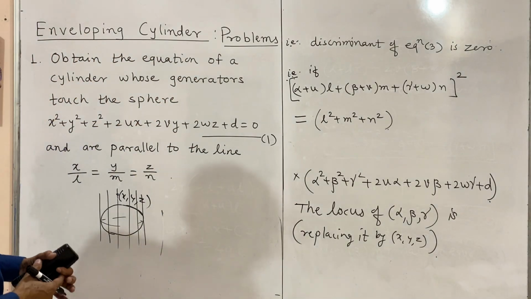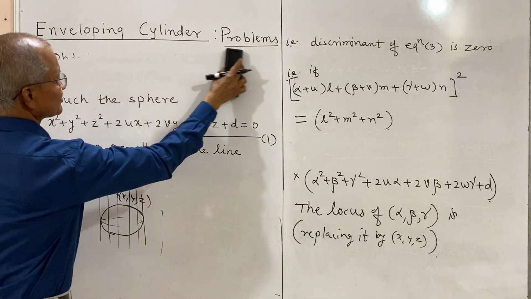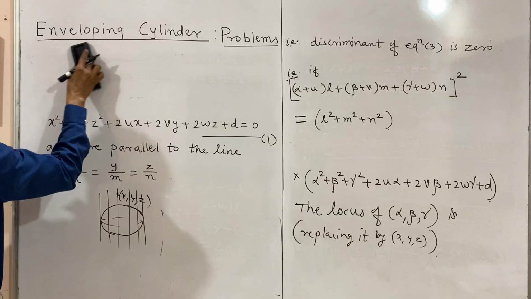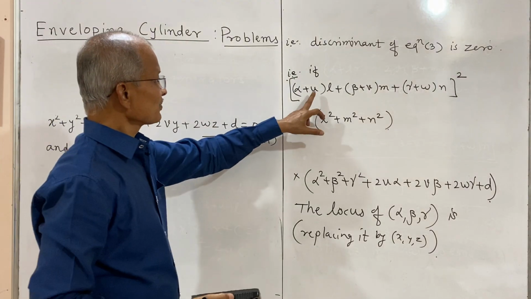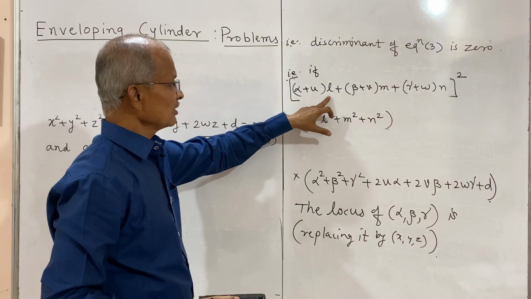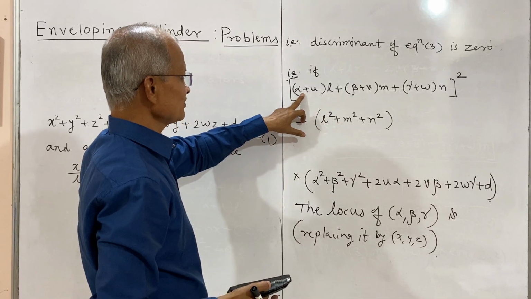Now I shall write it here. It is alpha plus u into L; alpha is to be replaced by x.